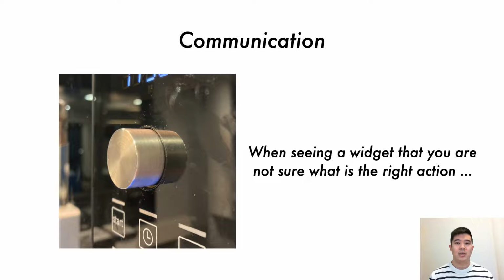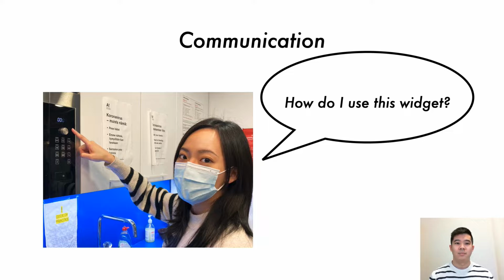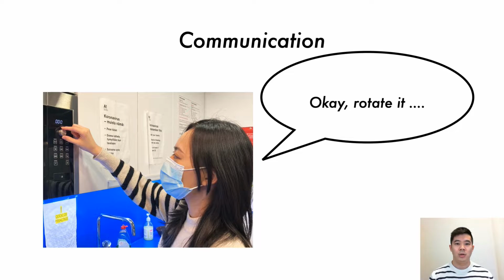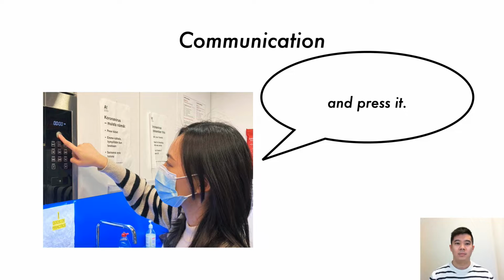We all have seen objects that we don't know how to use. For example, this round-shaped object. You can simply ask others, and someone who knows will just tell you, rotate it and press it. Without demonstration, you can already get an idea and simulate the action in your mind, and further actually implement it, such as rotating it and pressing it.